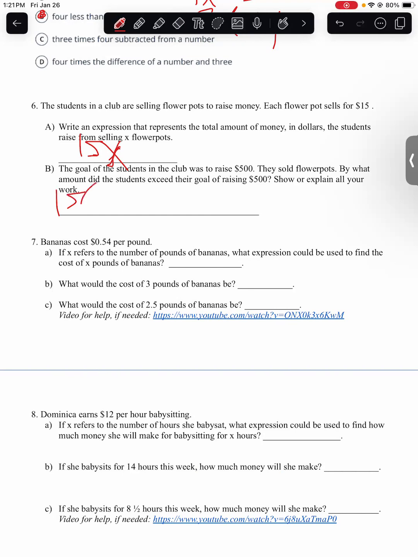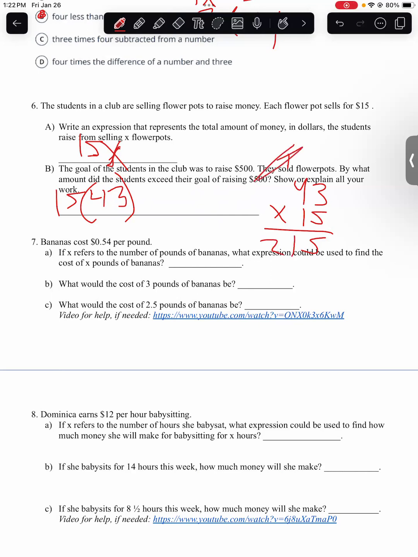So you take the 15 per flower pot. Oh, I need to put the number of flower pots. I think it was 43 flower pots. For some reason, it's left off of this. I'll have to edit that before you do it. So 43 times 15. Okay, so 15, 20, 21. All right.